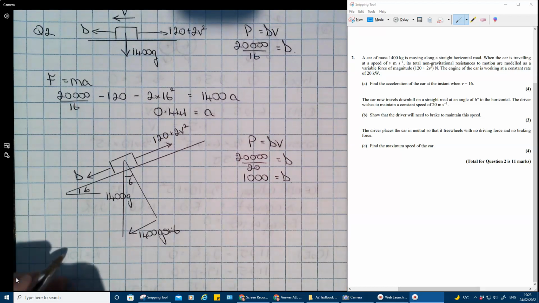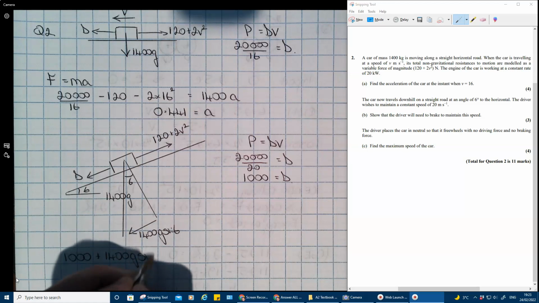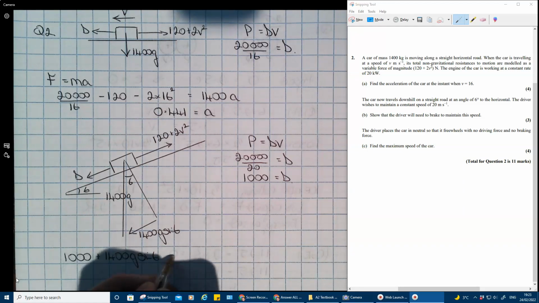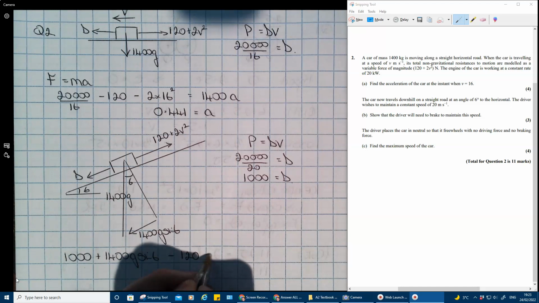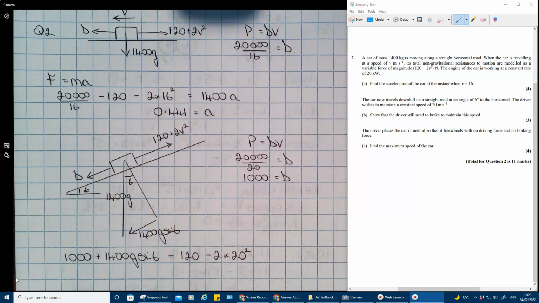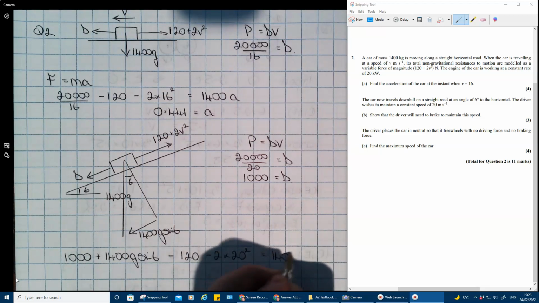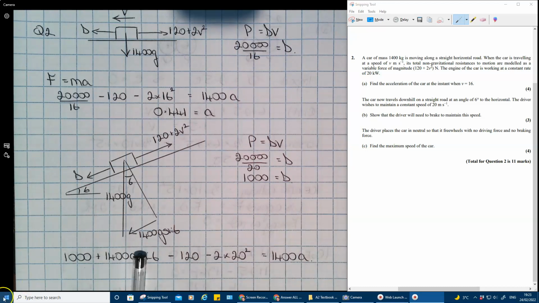So we've got the force down the slope is 1,000 plus 1,400 g sine 6, take away 120 and take away 2 times 20 squared, equals mass times acceleration.